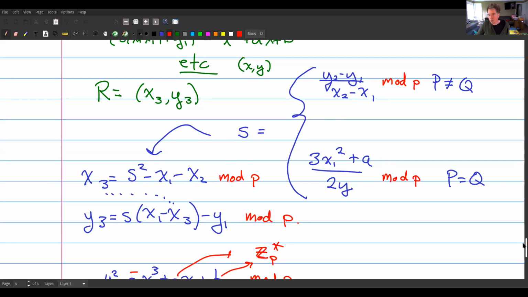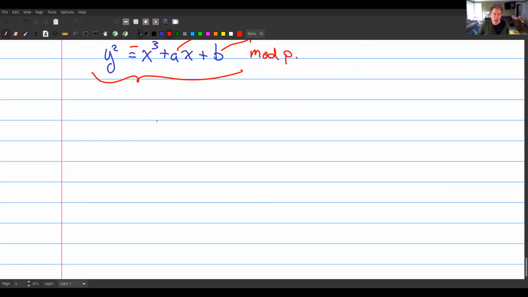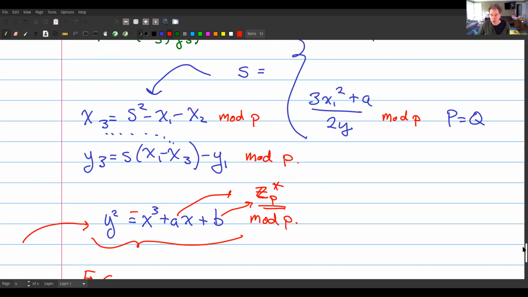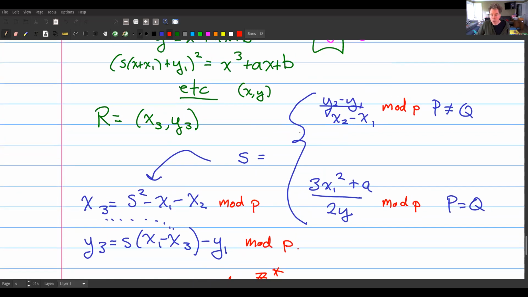And what we have now is some elliptic curve, which is just the set of solutions to an equation of this form in ZP star. And now I have a rule for adding them. So if I'm adding p and q, what this is telling me is how to get r, right? So p plus q is equal to r.